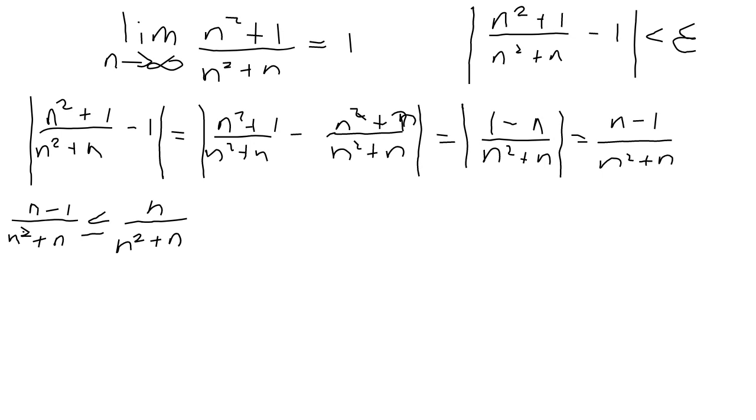All right, so back to the line now that I just wrote. n minus 1 over n squared plus n is less than or equal to n over n squared plus n. Make sense? We agree that is true? Why is it less than or equal to?